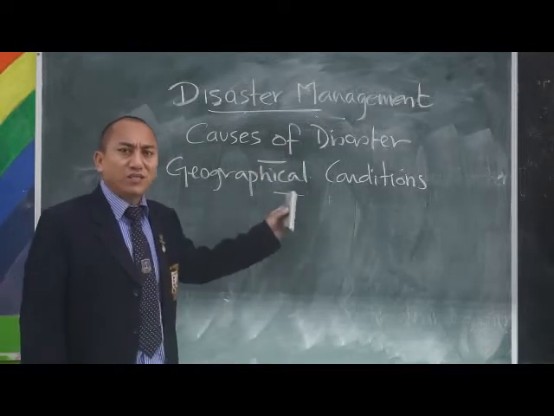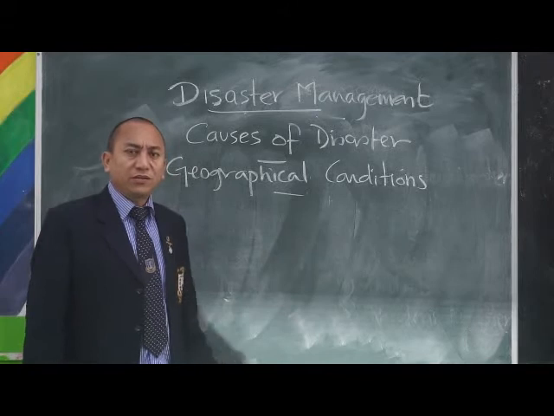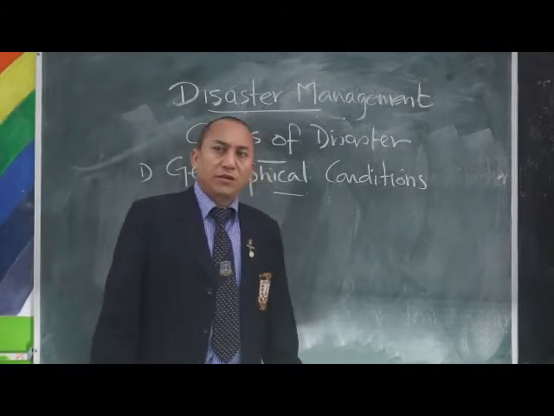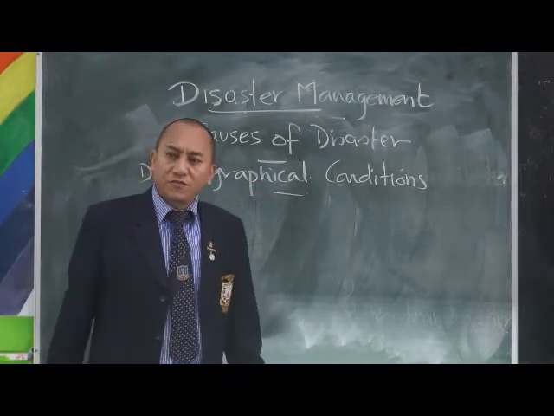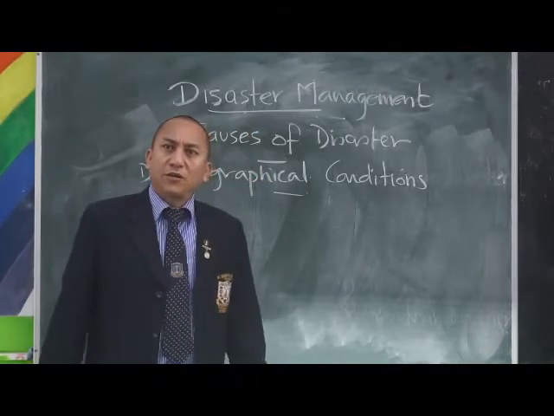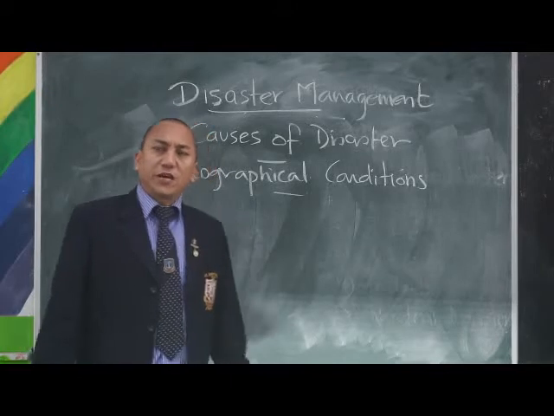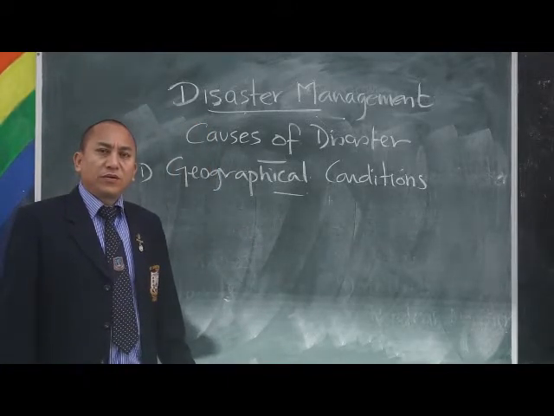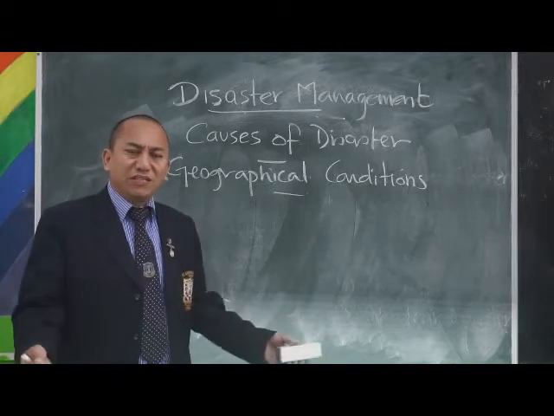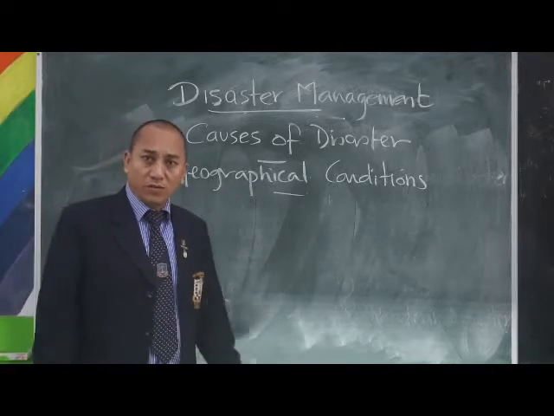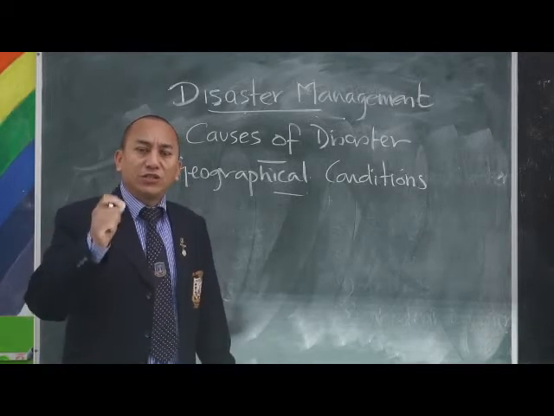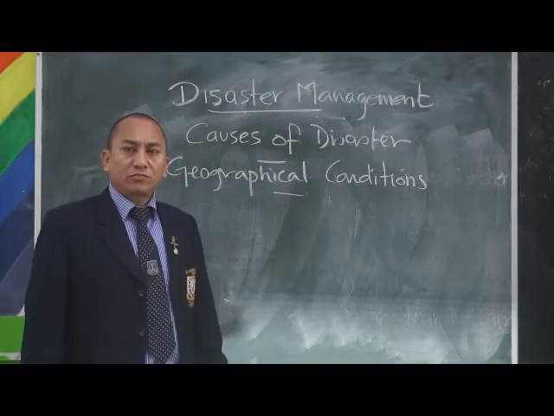Now how does this create a disaster? For instance, if you go to the deserts, the temperature is very high and very little rainfall takes place there. The amount of rainfall that is received is extremely low. And because of the high temperature, droughts take place.